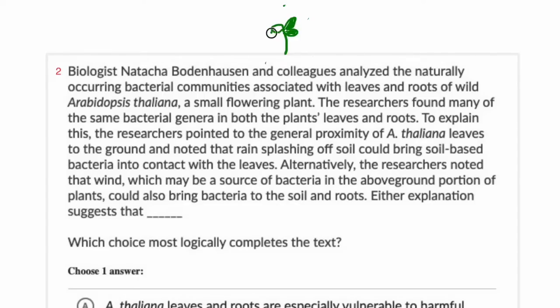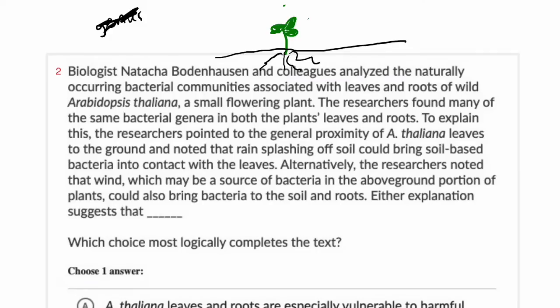So leaves and roots. Okay. The researchers found many of the same bacterial genera. And what is genera? That's the plural of genus, like genus and species. Genera in both the plant's leaves and the roots.